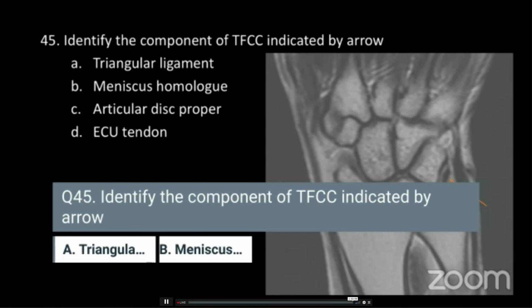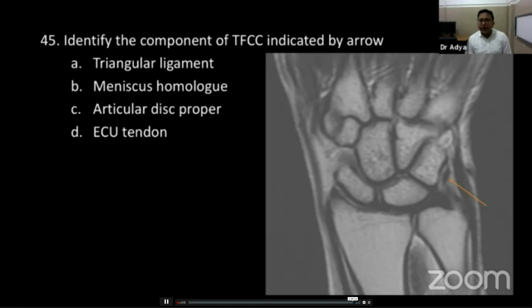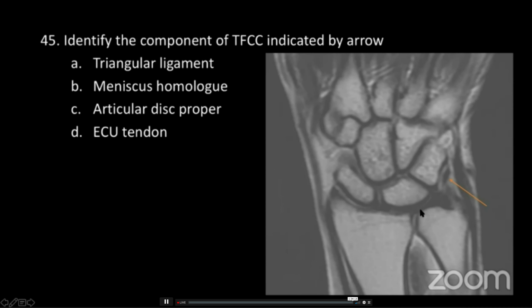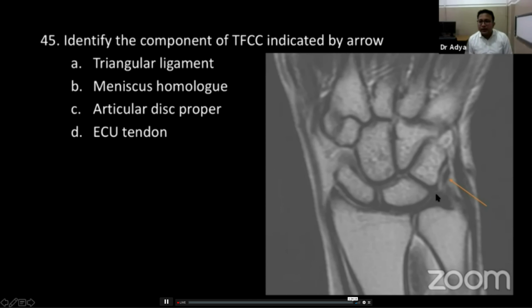So now we can see the TFCC as we just discussed with that schematic diagram. This will be the articular disc proper, which will insert onto the styloid process through the lower lamina of the triangular ligament, and the upper lamina of the triangular ligament will go and insert into the fovea. In between these two, there will be a hyperintense structure which is known as the ligamentum subcruentum.